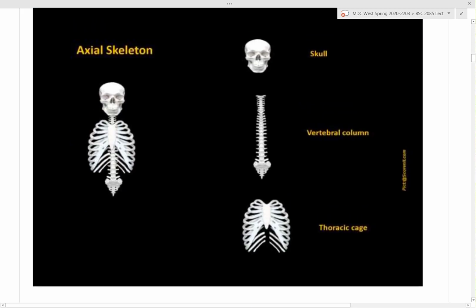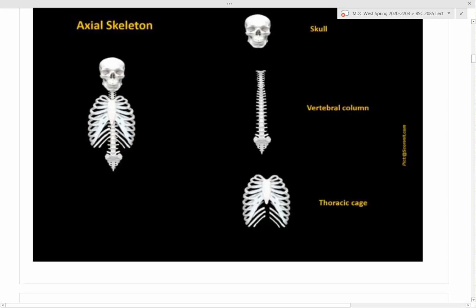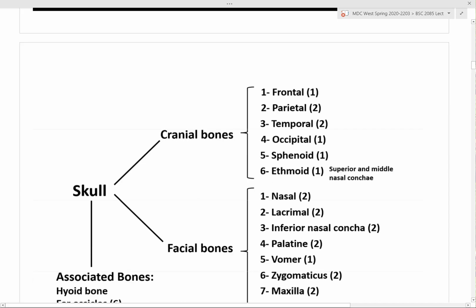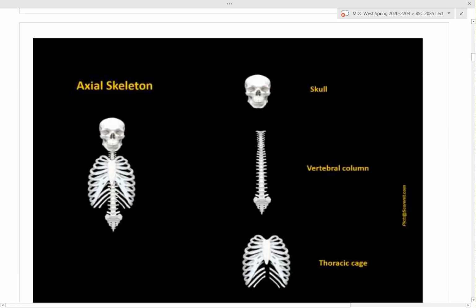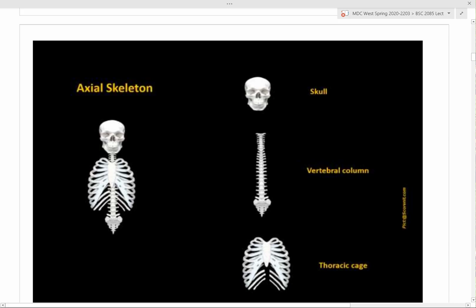So we're going to break it down again into a skull, vertebral column, and thoracic cage. That is your axial skeleton, including the sacrum on the bottom, right? Because your spinal cord, let me just go down, see if you guys remember. Your spinal cord is divided into what? What are they?